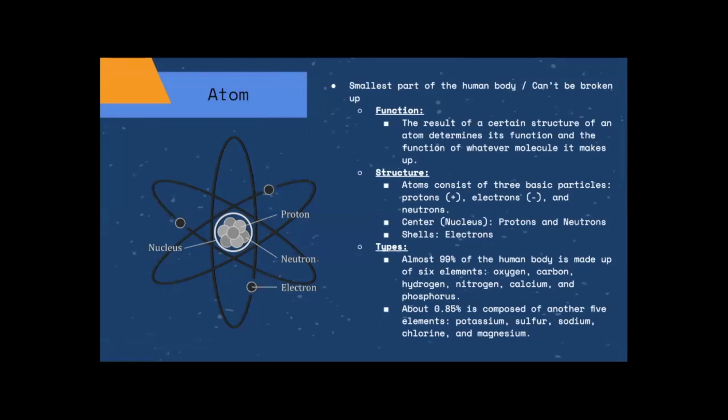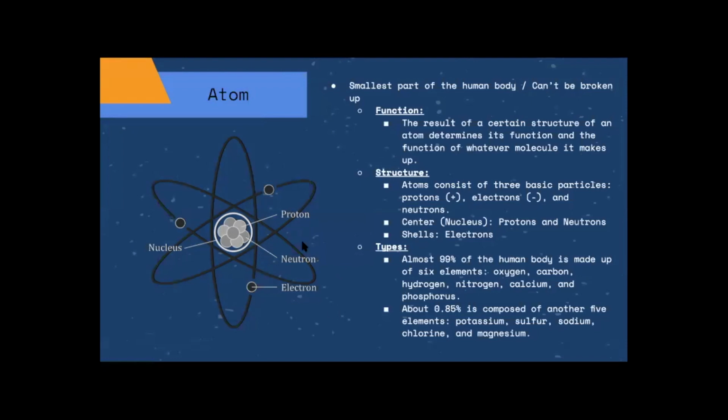The structure of an atom consists of 3 basic particles: protons, which are positive, electrons, which are negative, and neutrons, which do not have any charge. The center is made up of the nucleus, and inside the nucleus are the protons and the neutrons.